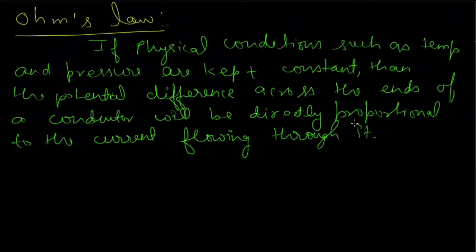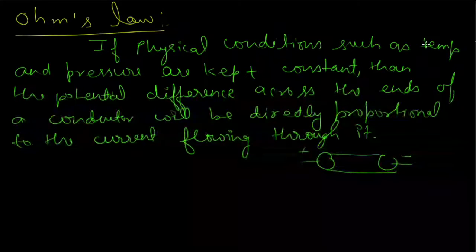What is the meaning of this? Suppose we have a conductor, a current carrying conducting wire, and we have connected it through a battery, like one will have a positive end and the second one will be the negative end.